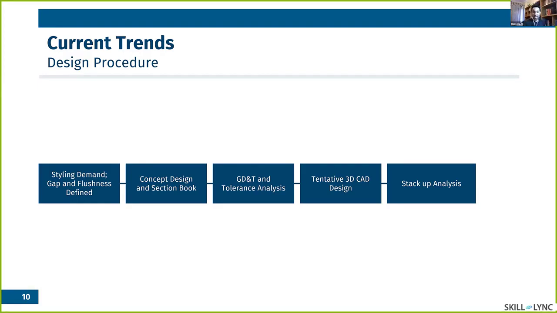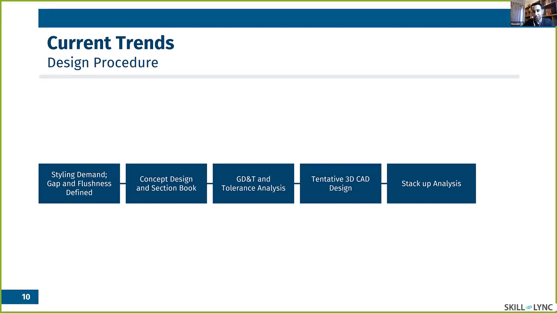A stack-up analysis would combine the different tolerances of the vehicle and do the summation on them, and then we could see in which part we should make changes so that we can achieve the complete gap and flushness quality.